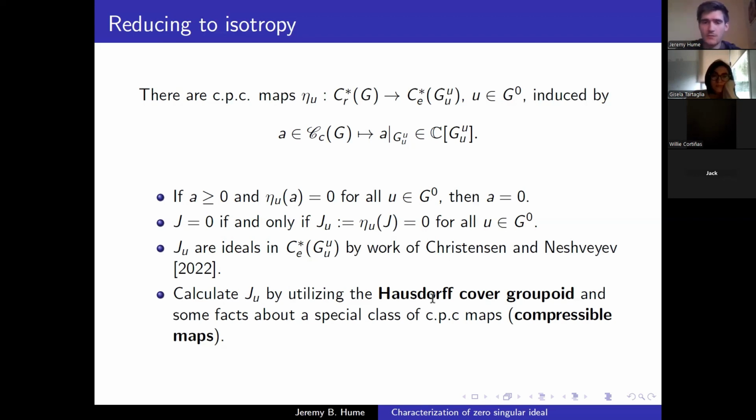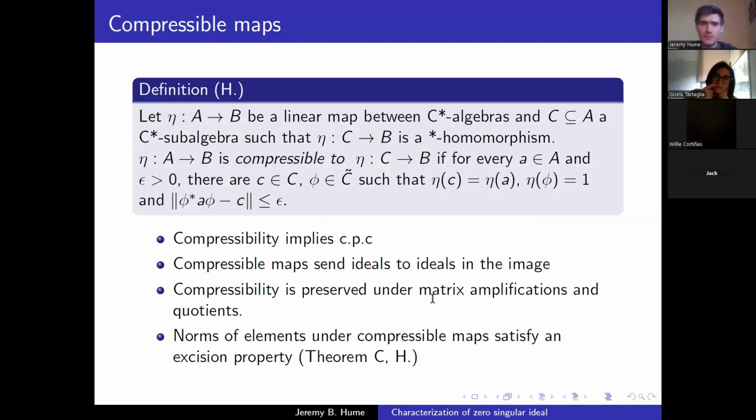I'm going to focus on my contribution, which is identifying this special class of CPC maps. These compressible maps behave quite a bit like star homomorphisms. The definition: let eta be a linear map between C-star algebras A and B, and C a C-star subalgebra for which the restriction of eta is a star homomorphism.